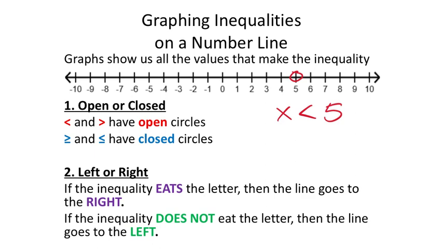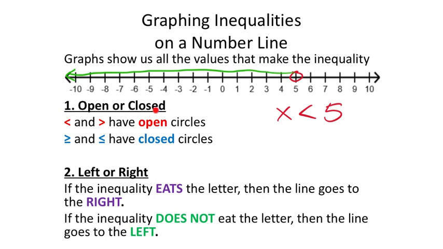So for example, this one is showing less than, and since it's not eating the x, what we're saying is x is less than 5, which means all values less than 5 are going to make the inequality true. And so this one is going to go to the left. Again, that's because it's not eating the x. Sorry, my lines aren't so straight, but whatever.